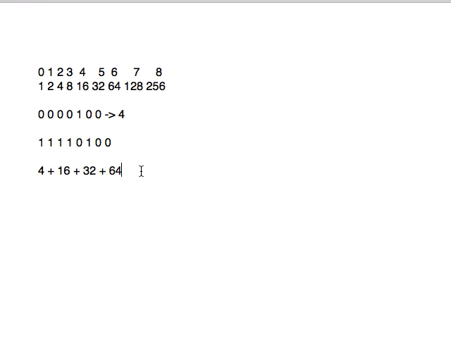And then 2 raised to the power of 7 is 128. 64 plus 128 would be 192. Let me rewrite this. It's getting a bit large. So 4 plus 16 plus 32 plus 192.